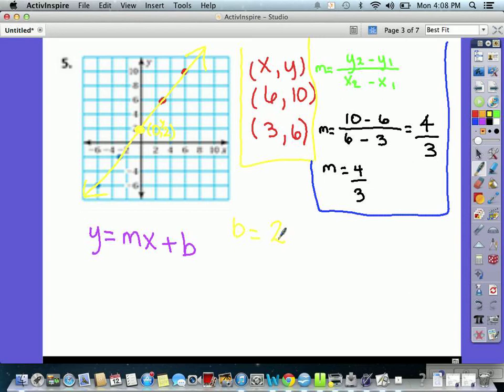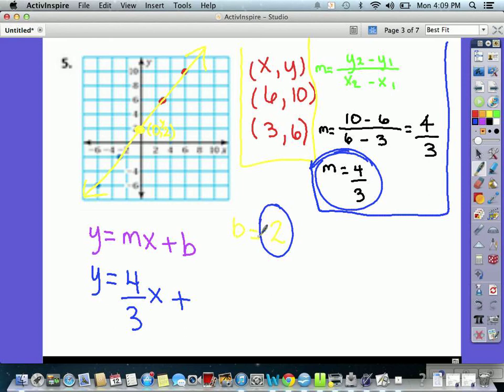Now we need to write this in the linear function equation format. So we will write this as y equals, here's our m, that's where this number is coming from, 4 over 3x, plus our b value, which is 2.